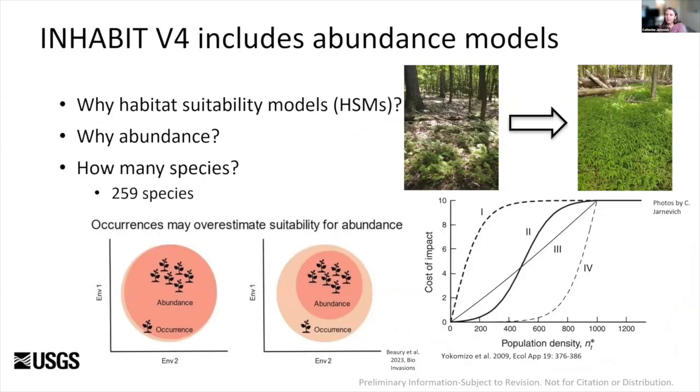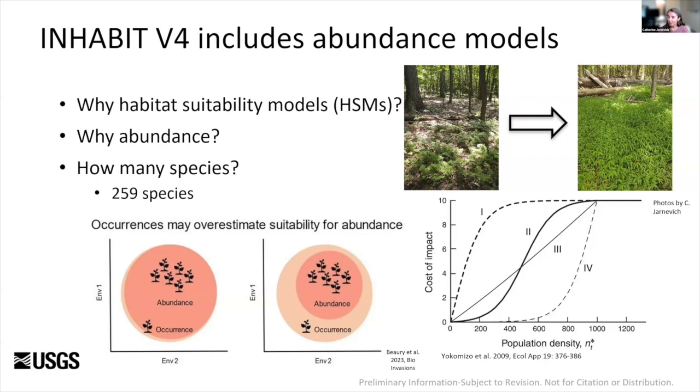Another thing we've been thinking about is that the models in INHABIT right now, as I've mentioned, are based on presence information, so where species occur. But what we really care about is where species can become abundant, because they have more impact when they become abundant. I love using the example of cheatgrass, which is a huge problem in the Western US.